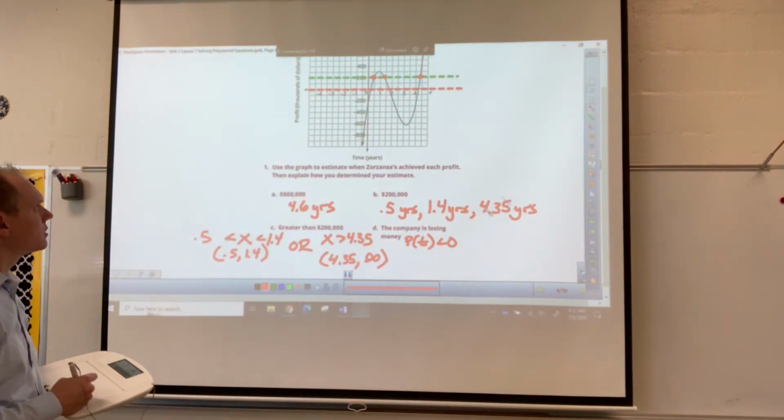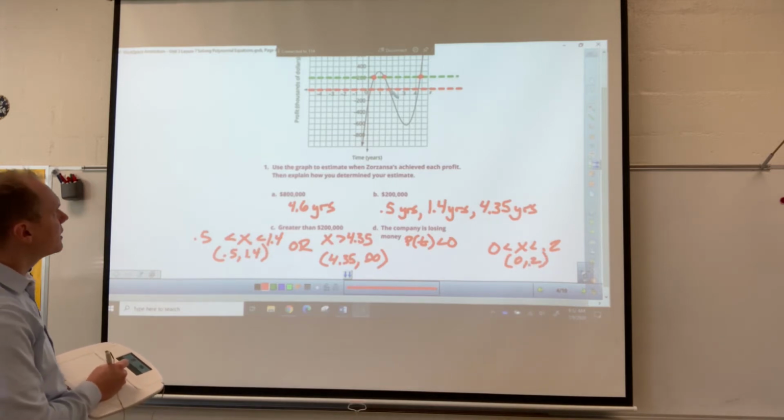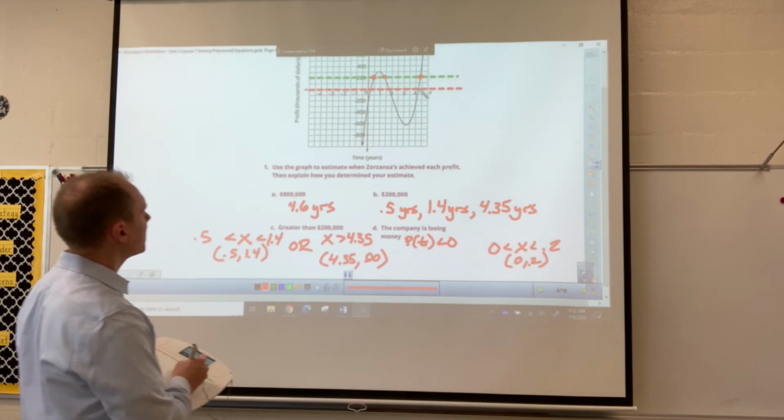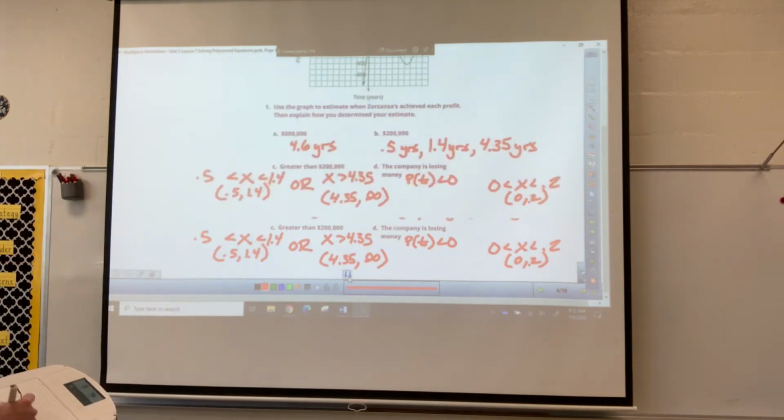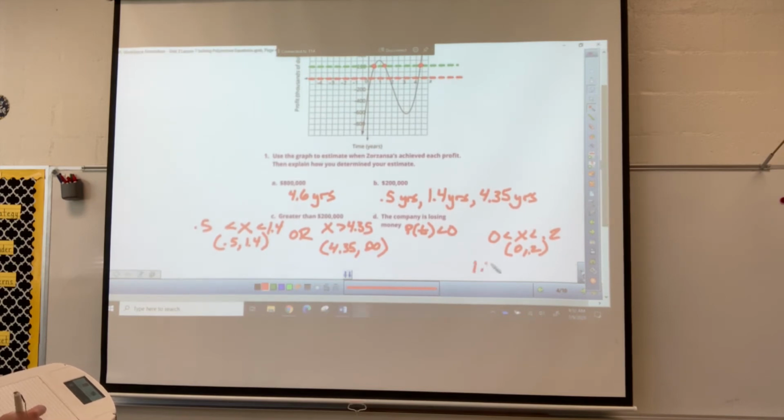So that's going to occur from 0 to about, let's see, this is about 0.2 or so. So from 0 to about 0.2, or you could write in interval notation 0 to 0.2. And then it's also negative between, let's say, 1.75 and 4.25.